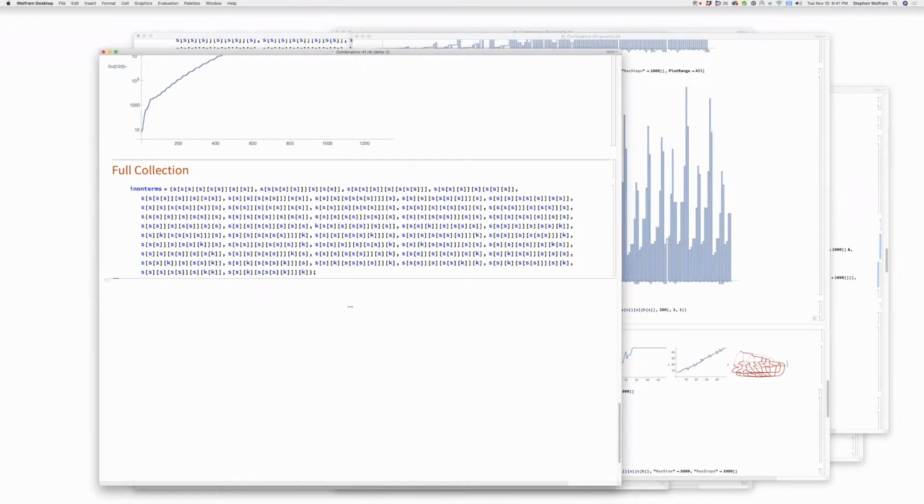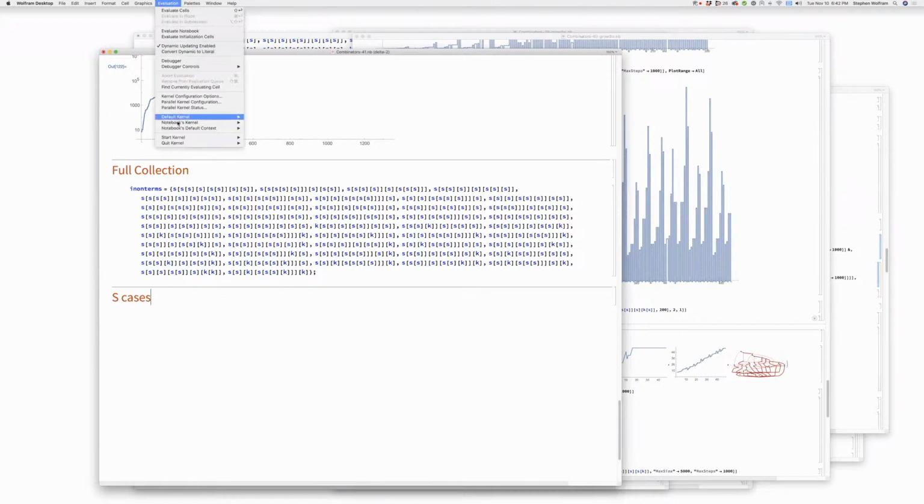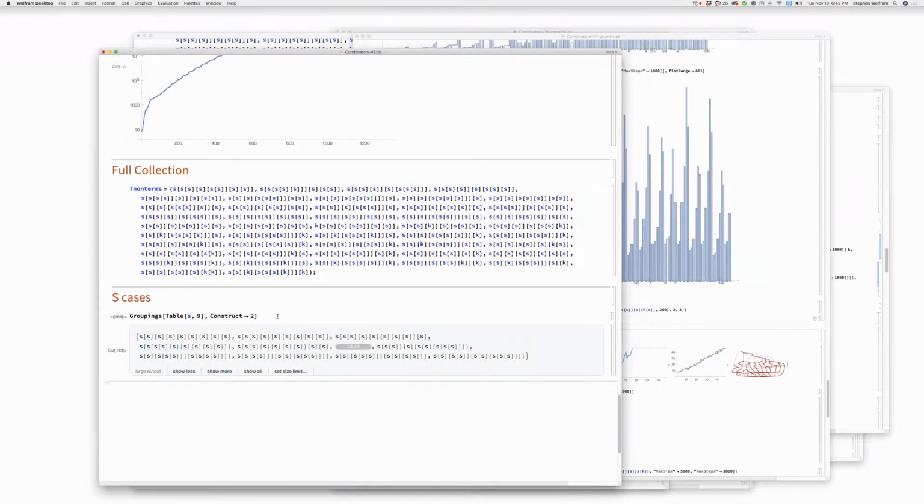The other case, okay, so this is going to give us the length 9 ones.